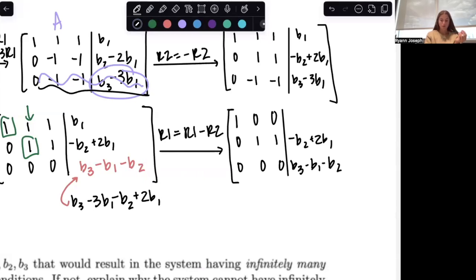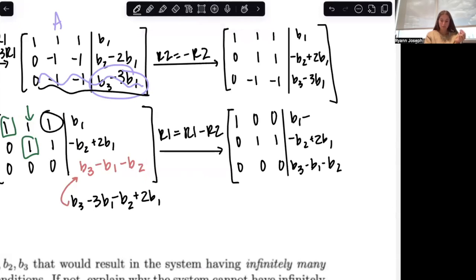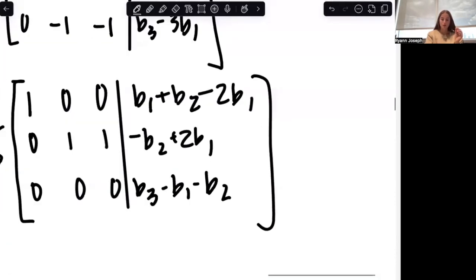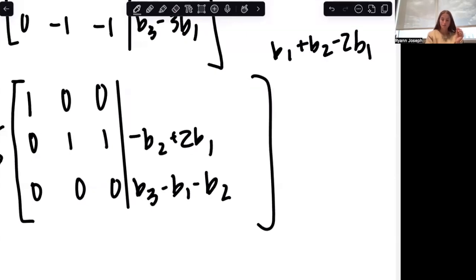Because that also gets rid of this 1, which makes this B1 minus negative B2 plus 2B1. Oh, sorry. B1 plus B2 minus 2B1. Which, if I fix that one up real quick, B1 plus B2 minus 2B1 is B2 minus B1, essentially.